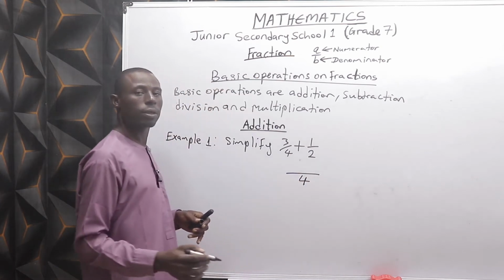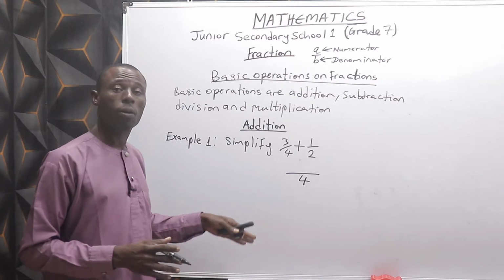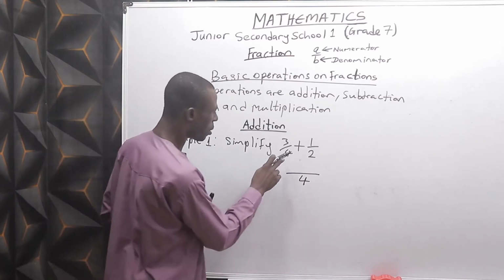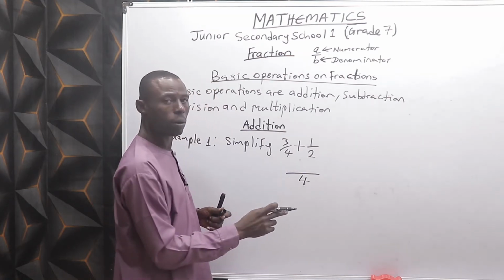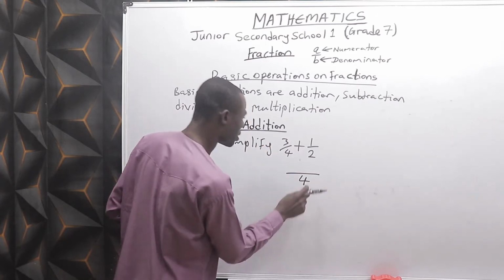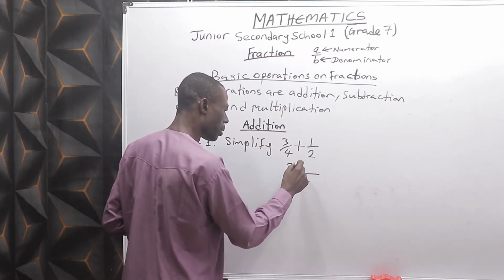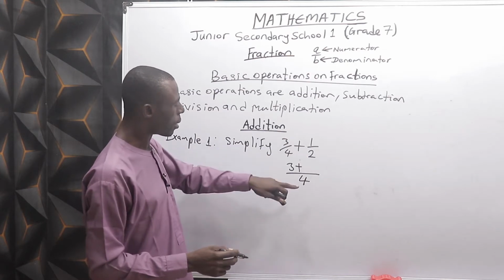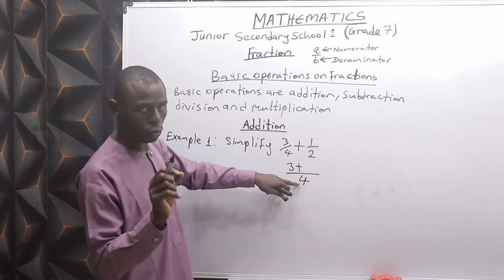And that is why you have been taught LCM and HCF before now. So this is the time to apply what you have learnt. 4 divided by 4 gives us 1. That 1 times this 3 gives us 3, plus the 2 here: 4 divides 4 and gives us 1... 2 divides into 4 and gives us 2.